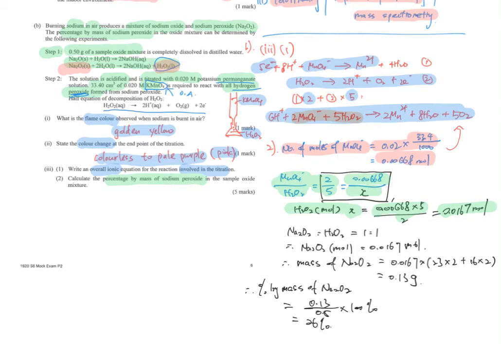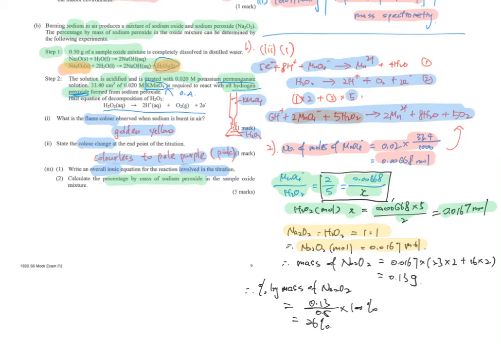So number of mole of hydrogen peroxide, now you got it. And then after you find hydrogen peroxide, you can go back and find the number of mole of sodium peroxide. By using the mole ratio 1 to 1, the number of mole of sodium peroxide is the same as the number of mole of hydrogen peroxide.